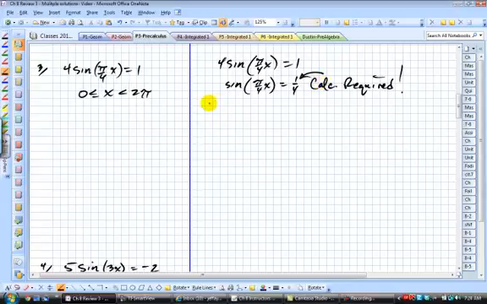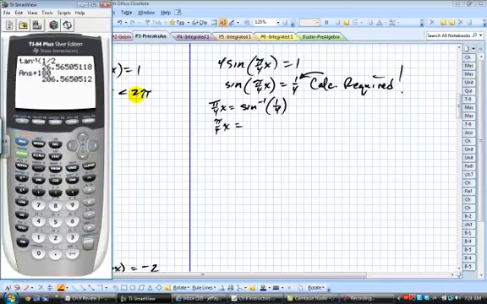I'm going to take the inverse sine, and I get pi fourths x is equal to the inverse sine of 1/4, which gives me 2 angles in quadrants 1 and 2. So we take the inverse sine, and I need to be in radians here, so I'm going to switch back to radians.